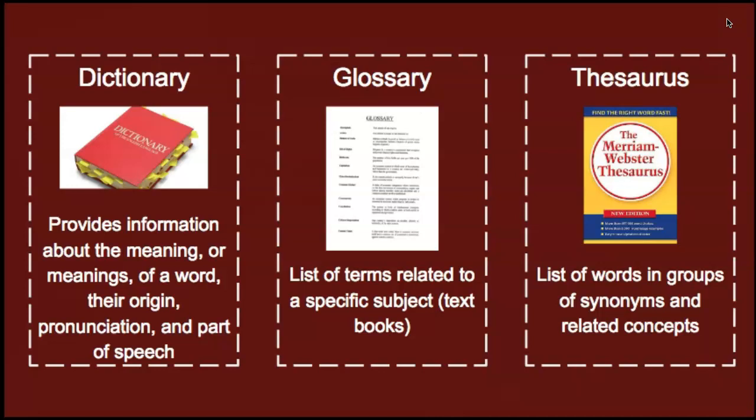I look up the word sad in a thesaurus, and it's going to show me a list of words that I can use instead of the word sad, but that still mean the same thing. It's not going to give me definitions or pronunciations. It's going to give me a word and then the list of words that comes after it that I can use instead of the word sad.